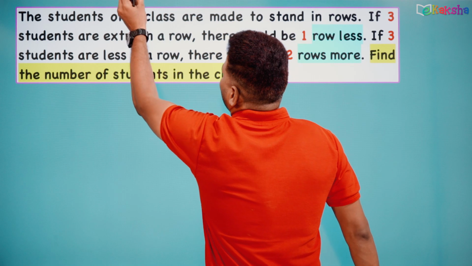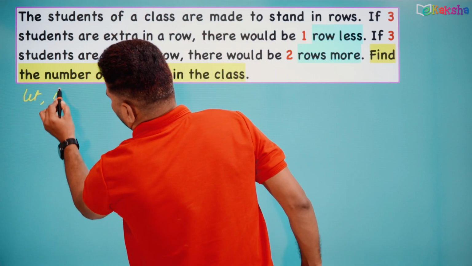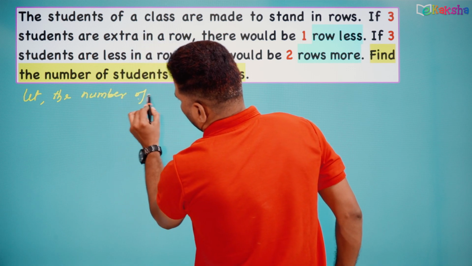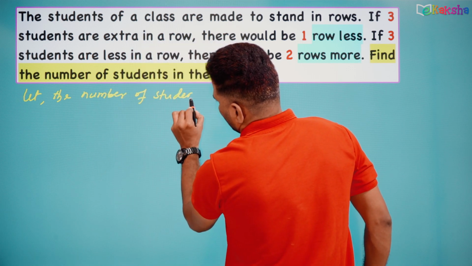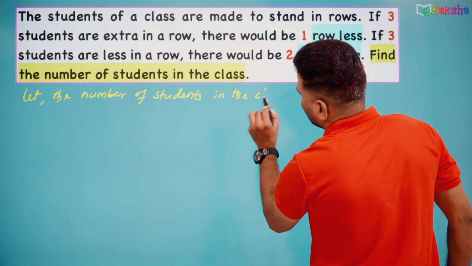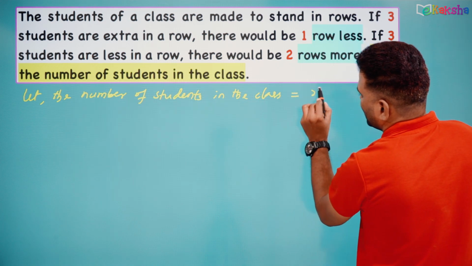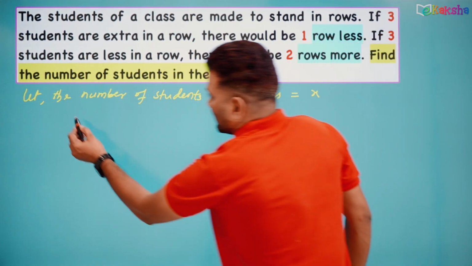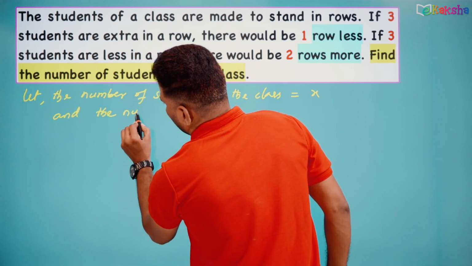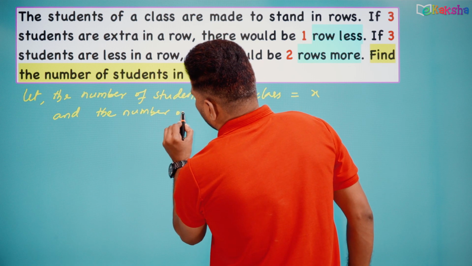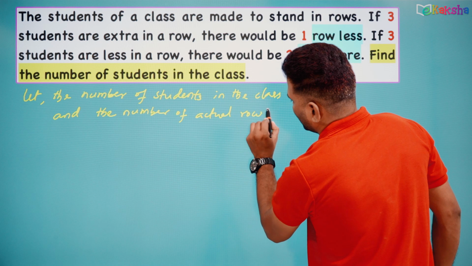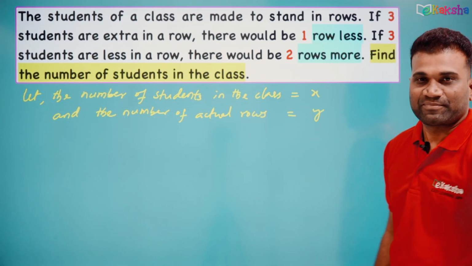Let the number of students in the class be x, and the number of actual rows be y.